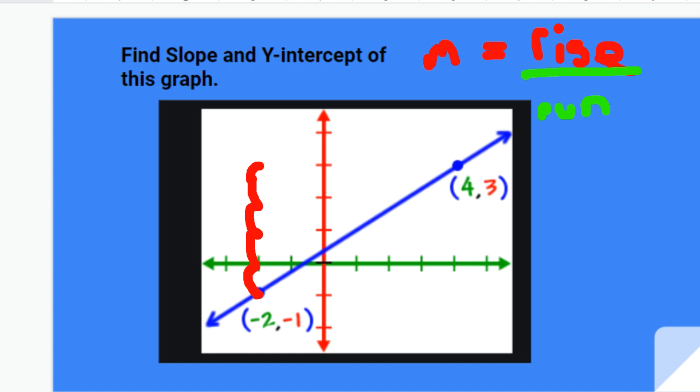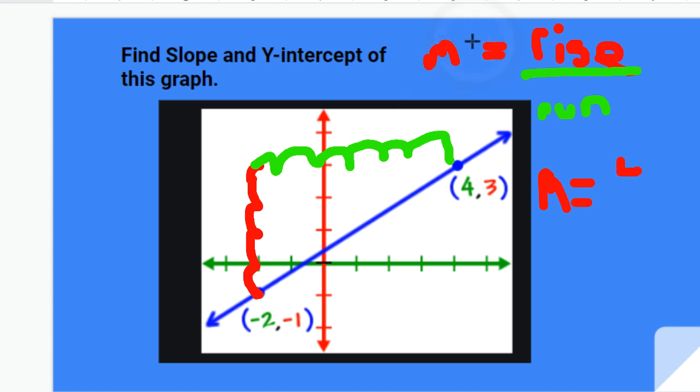Now I'm going to run. I'm going to go with the green tick marks. I'm going to run 1, 2, 3, 4, 5, 6. So I ran 6. So m equals, I rose 1, 2, 3, 4.